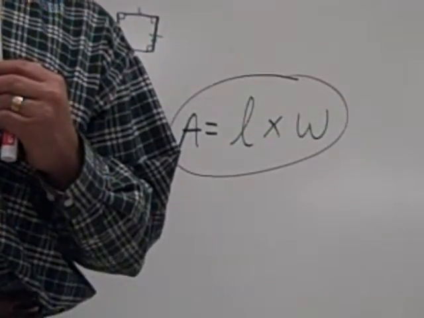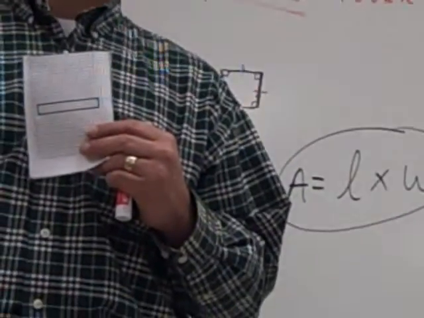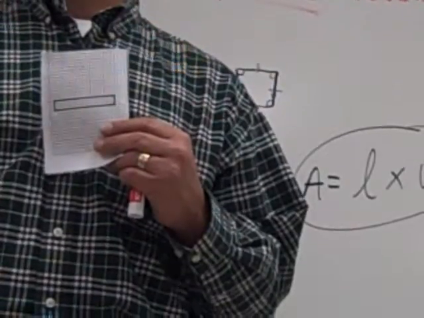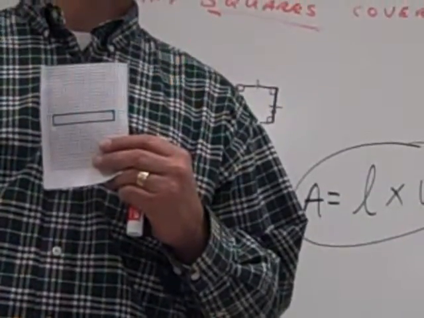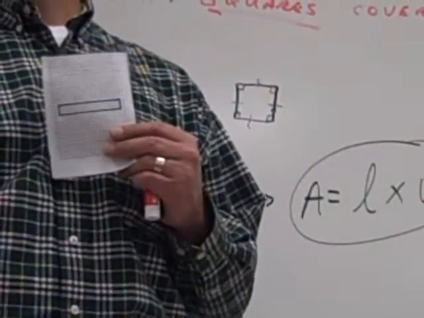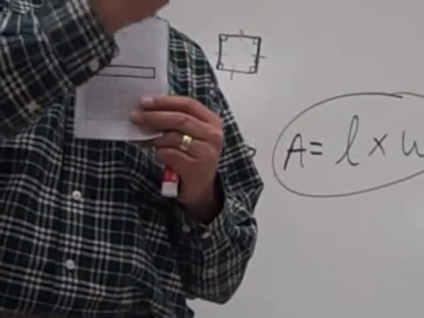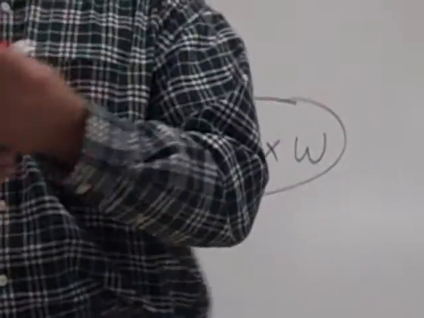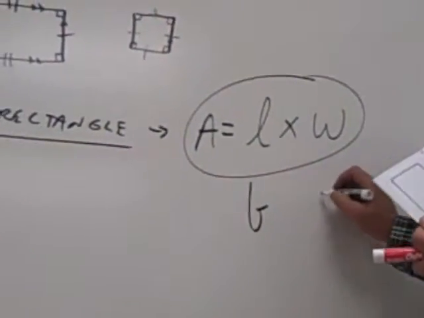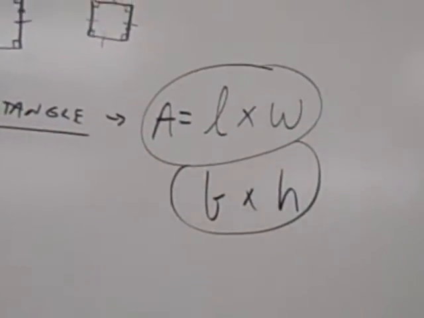Something that starts with a B. Base. Sometimes we call the bottom the base. What's H? Height. Sometimes mathematicians call it base and height. Is it the same thing? Yes, just called something different.